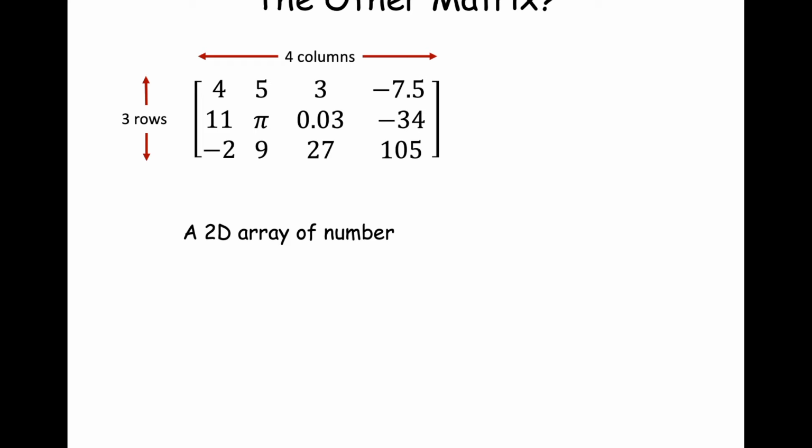It has 3 rows and 4 columns. When you read off the measurements, or the dimensionality, of a matrix, you first call out the number of rows, and then you call out the number of columns. So we'd say this particular matrix is a 3x4 matrix.